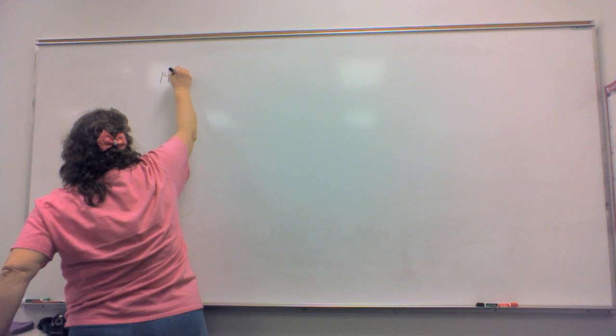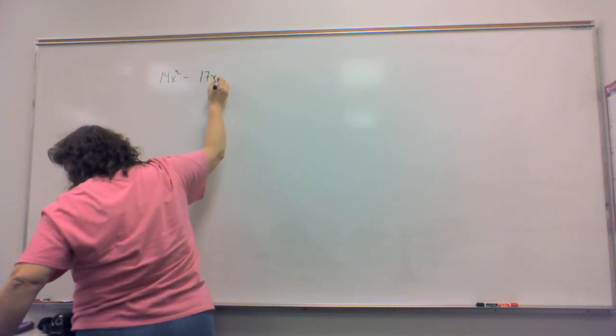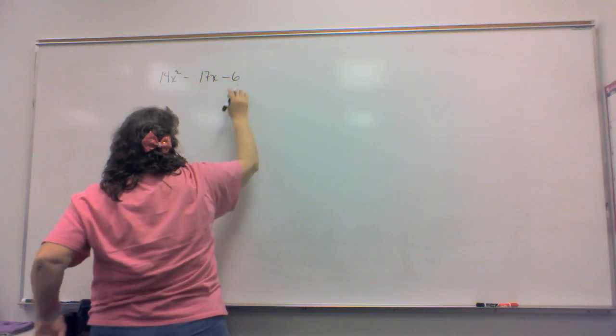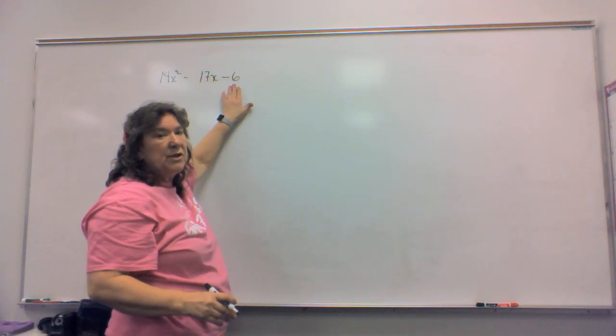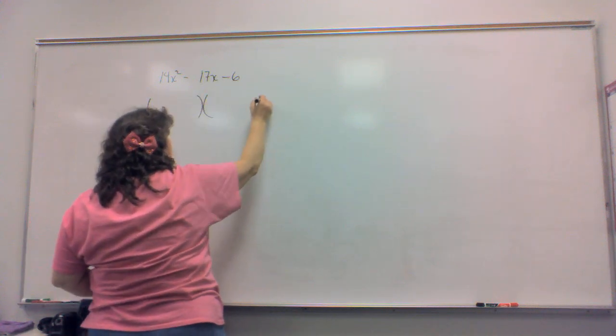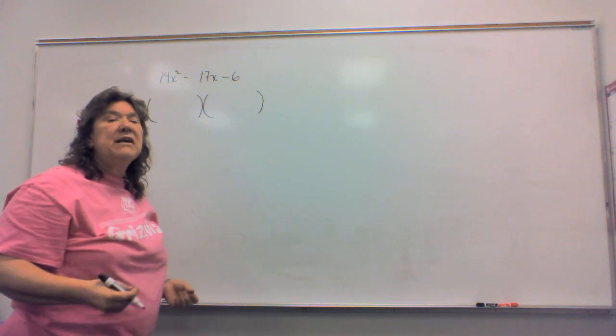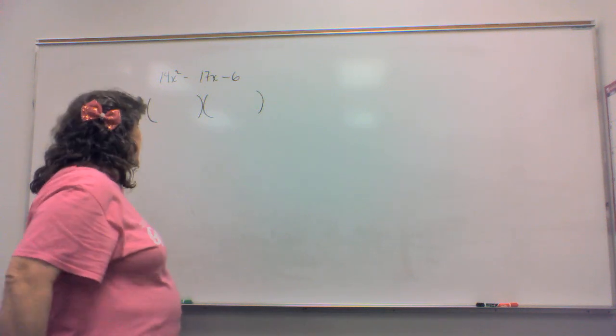14x squared minus 17x and minus 6. Minus 6, we're looking at the difference here, okay? Again, we're going to have two binomials. And now I'm going to wait to put the sign in until I know what I've got, okay?